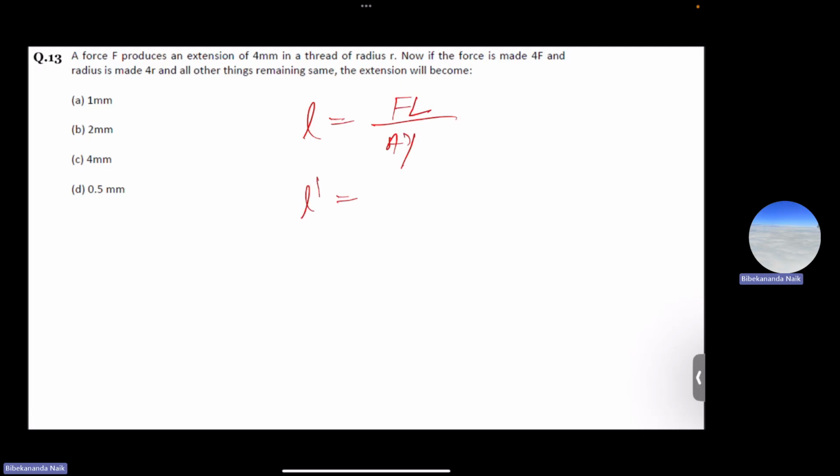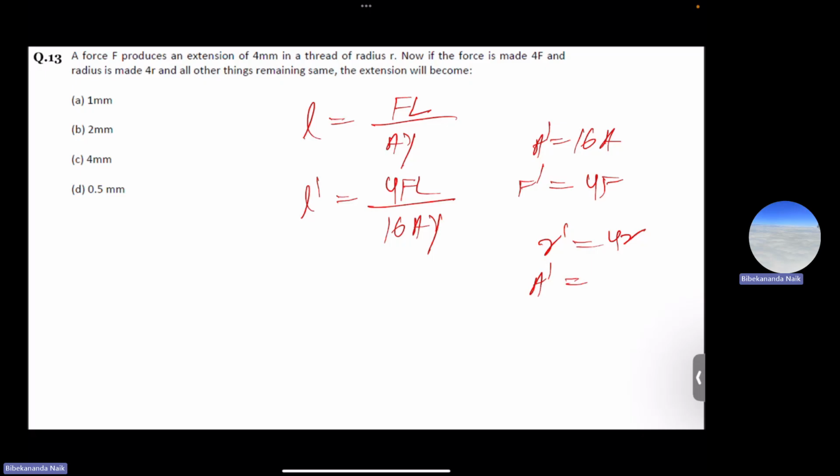So l prime will be 4F L by 16 A Y, because F prime is 4F and r prime is 4r.